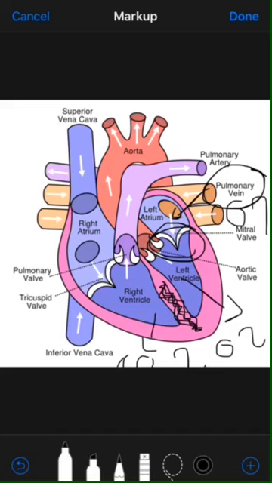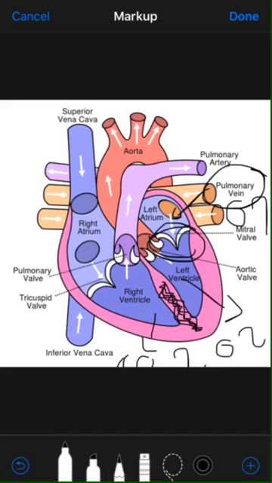We have 2, of course, between left atrium and ventricle and right atrium and ventricle. The one between right atrium and ventricle is called tricuspid valve. Also, you can say atrioventricular.